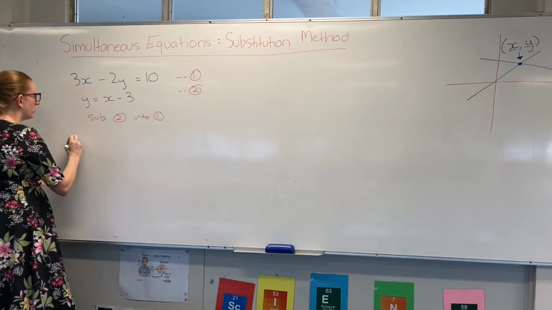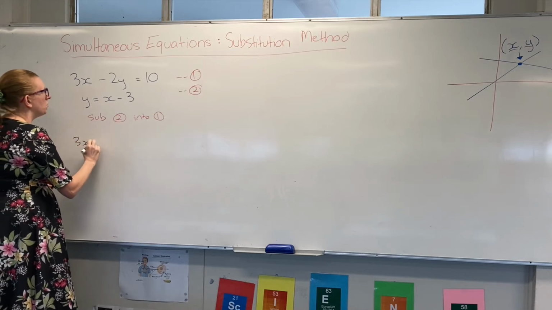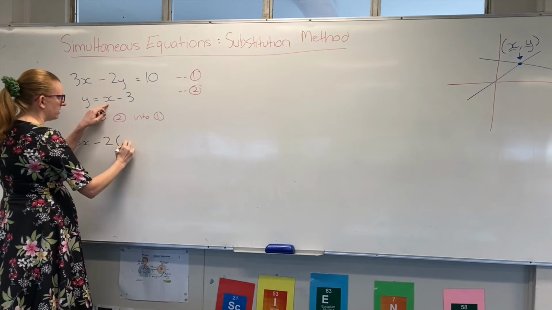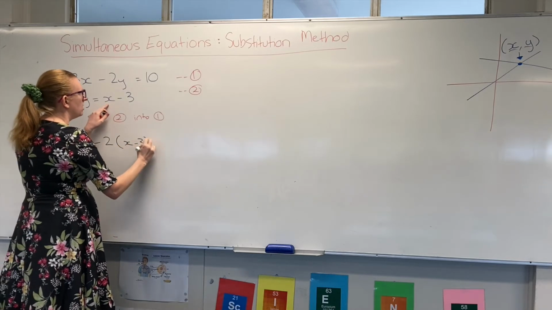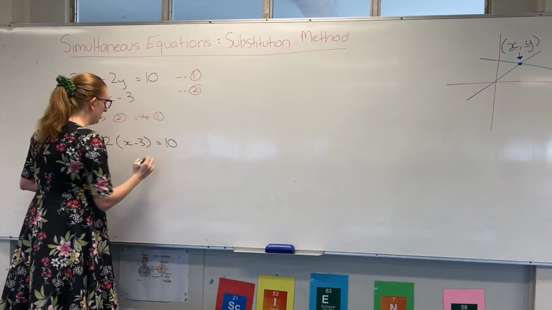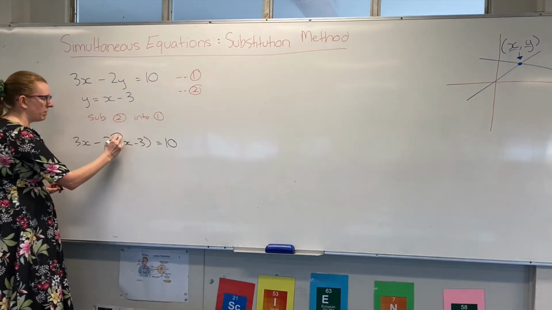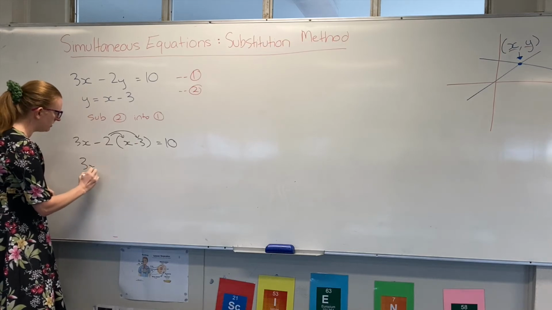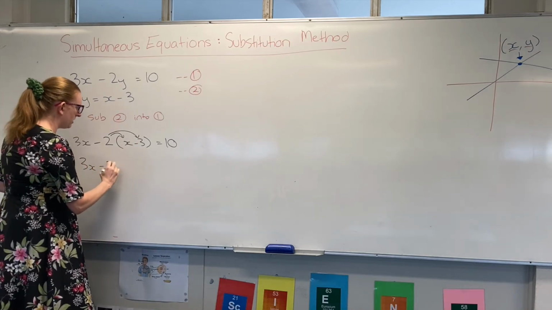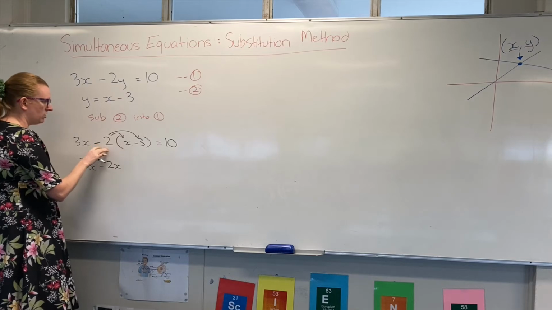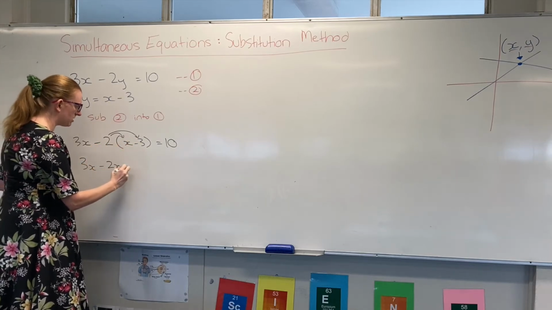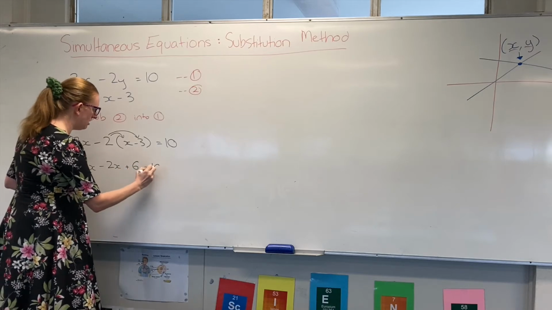Cool, so let's do that. So I've got 3x minus 2, but instead of y, I'm going to be having x minus 3, is equal to 10. Cool. Set of brackets, got to expand, always with the expanding. So 3x minus 2x, negative 2 times negative 3 gives me positive 6 equals 10.